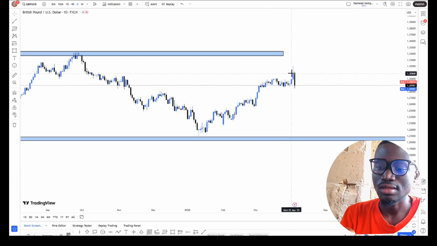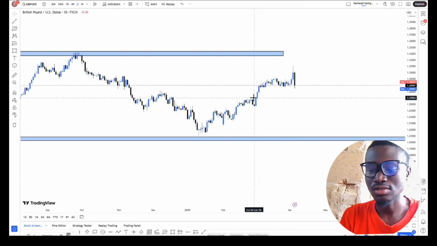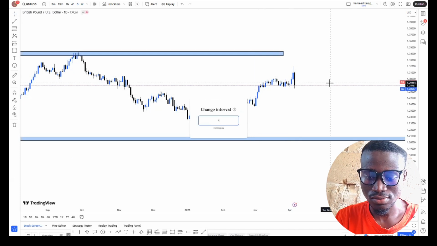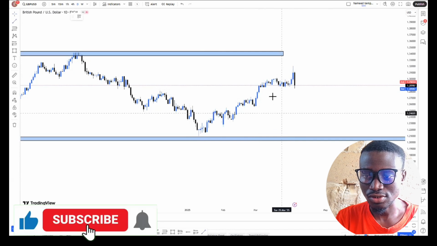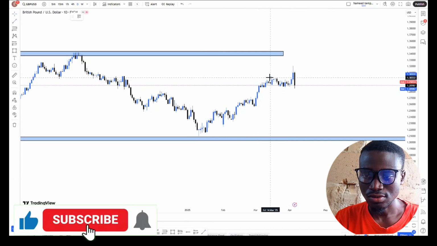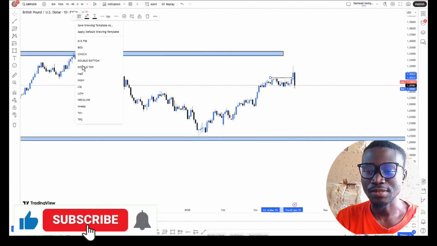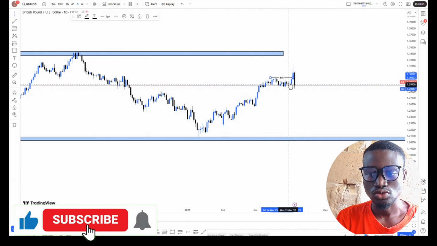Now moving on, let's go to 4 hour so we can see. But before we go to 4 hour, let's stay here on daily. Let me mark this zone out on the daily time frame. So we have this break of structure here. With this break of structure, we are expecting the origin that caused it, which is something here, to be taken out.